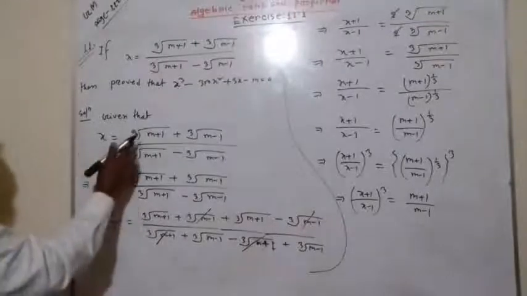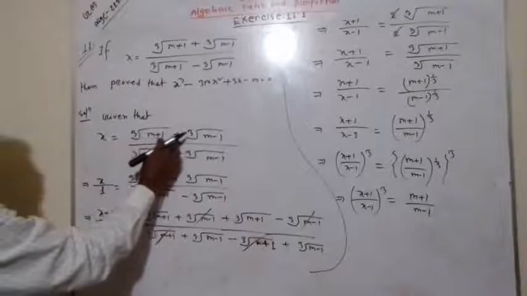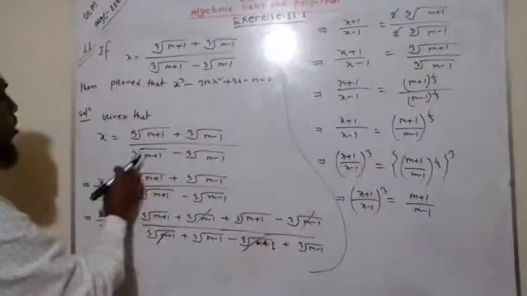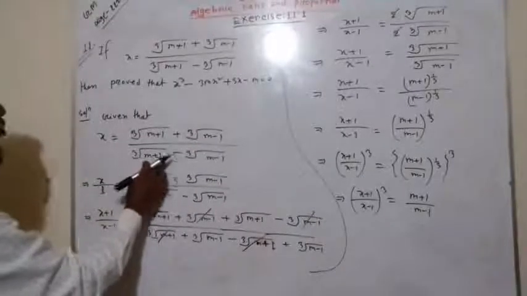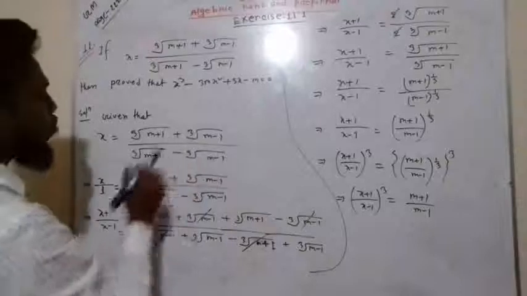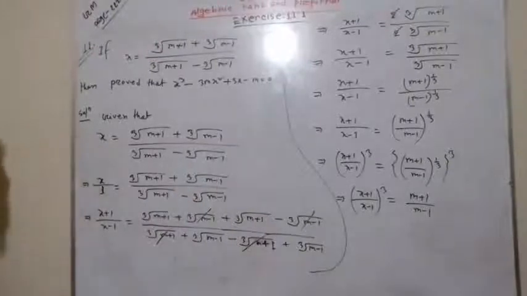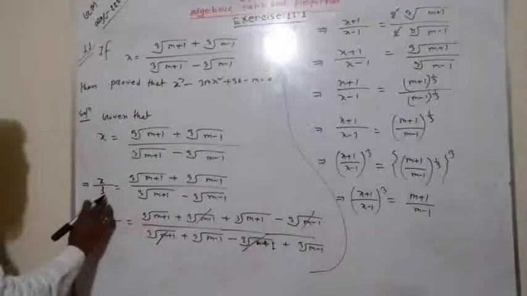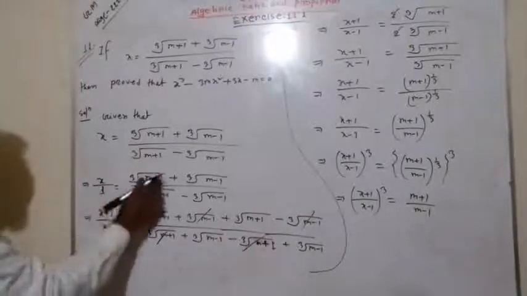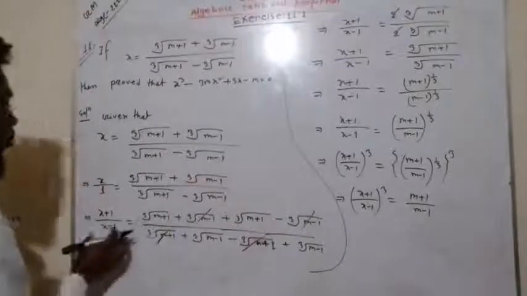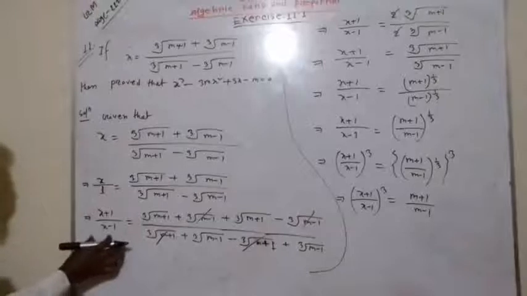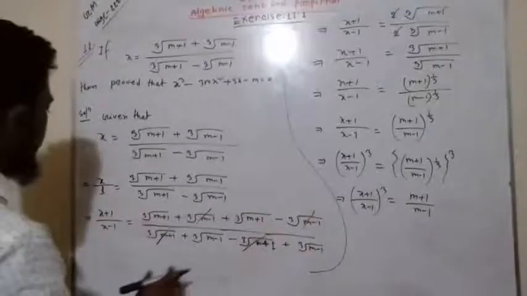Given that x equal to (cube root of m plus 1 plus cube root of m minus 1) divided by (cube root of m plus 1 minus cube root of m minus 1). So we can write x divided by 1 equal to this. And now we apply the rules of componendo and dividendo.